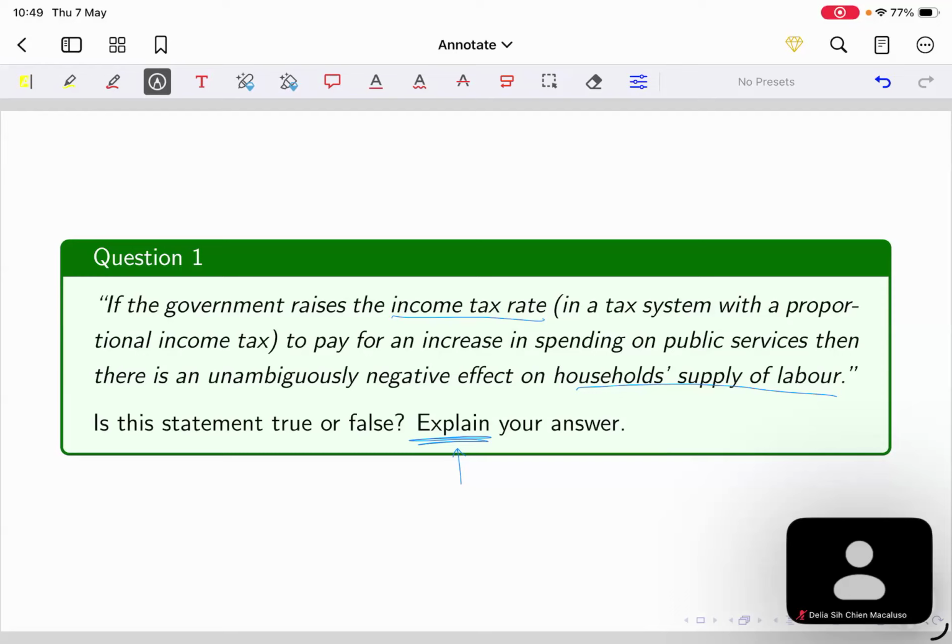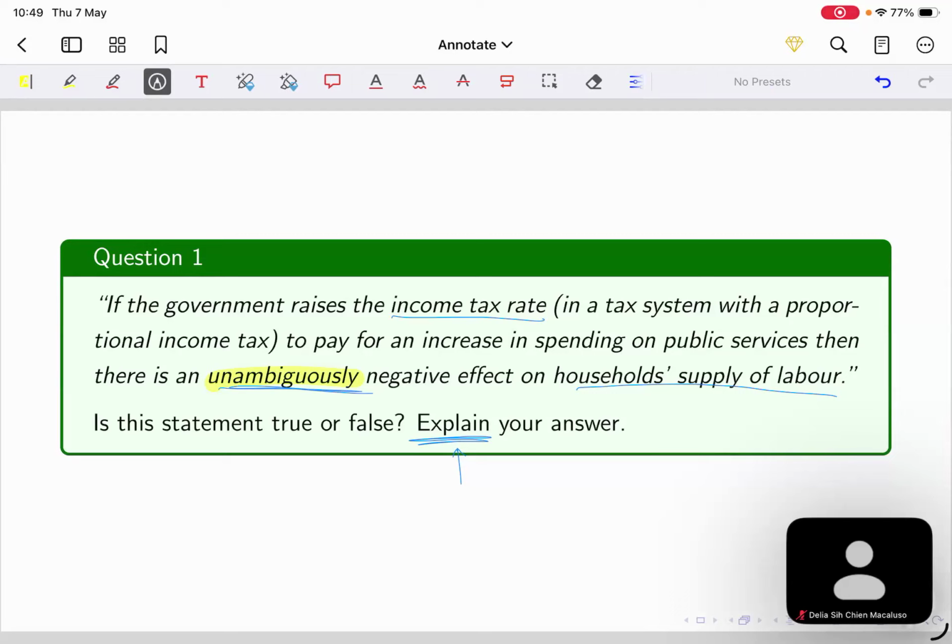But before we go a bit deeper into it, let me highlight that whenever you have very absolute statements, such as here, you have this unambiguously, or always, never, these are very extreme statements. You always should be a bit alert. In economics, as arguably in life, hardly ever is anything always or never true.